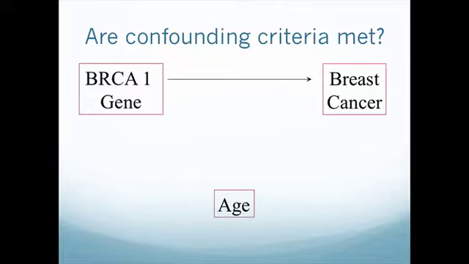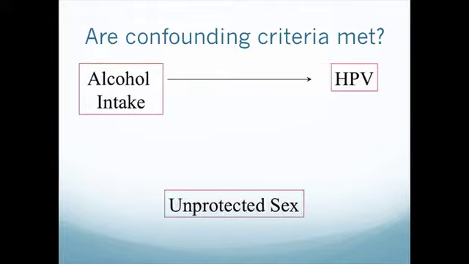It's developed from the time you were an egg and sperm, and it's unrelated to age. So in this case, we could not draw an association between presence of the gene and age, and so age would not be a confounding factor in this relationship. You would not need to ask whether some or all of my relationship is actually due to age here. So no, age is not a confounder of this relationship.